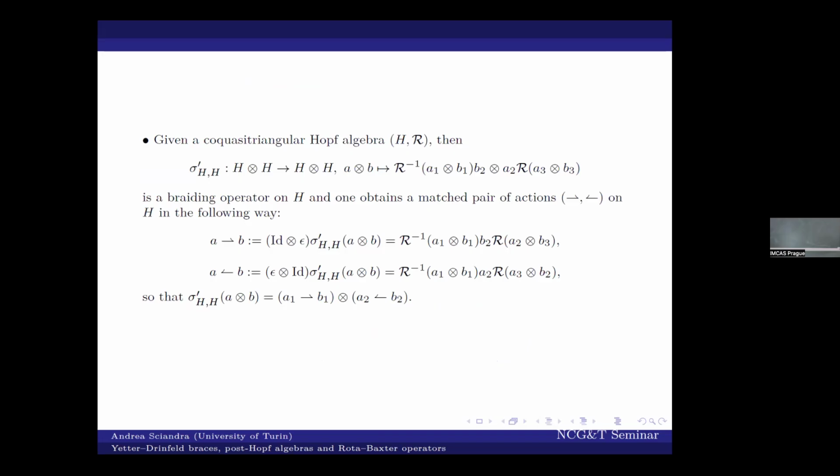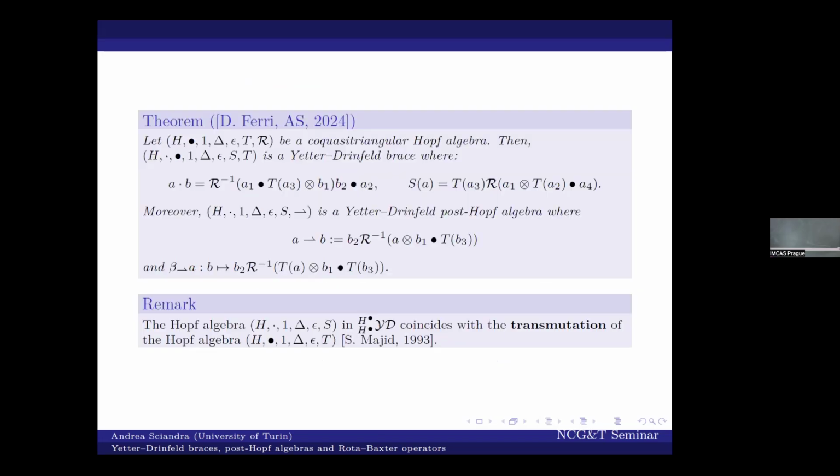Moreover, we know that speaking of a Yetter-Drinfeld brace is the same as speaking of a Yetter-Drinfeld post-Hopf. In fact, we are able to define also a harpoon, which is given by this, and alpha as this convolution inverse map. So starting with the co-quasi-triangular Hopf algebra, we are able to obtain a Yetter-Drinfeld brace and a Yetter-Drinfeld post-Hopf structure.